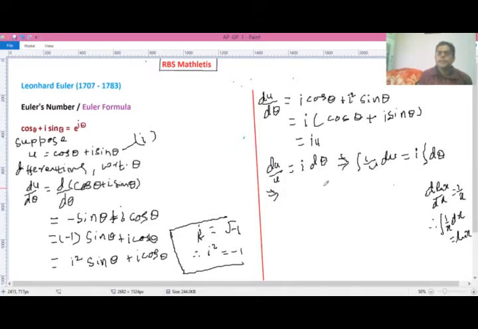So the integration of 1 by u is ln u. And now you know that in the indefinite integral case you have to put some constant, but here as the variable is in terms of ln u, instead of the constant k, we will write ln of k.